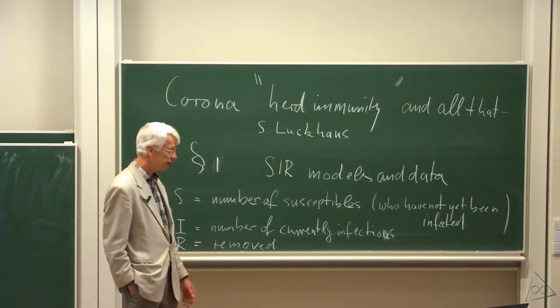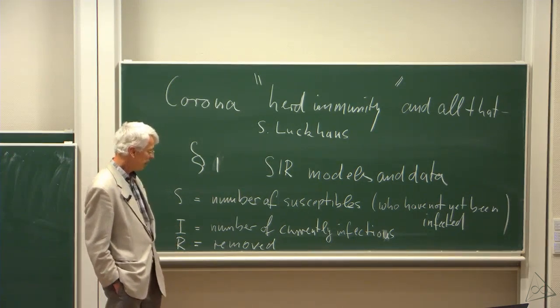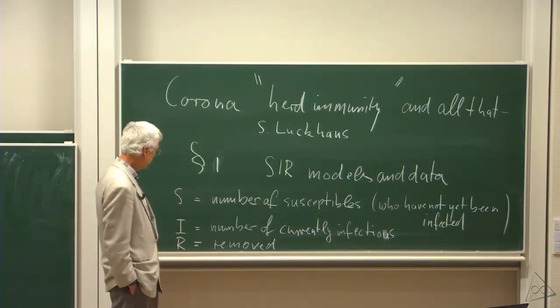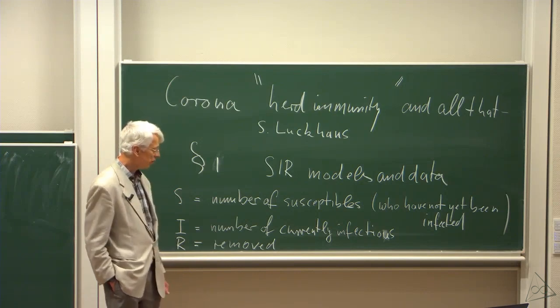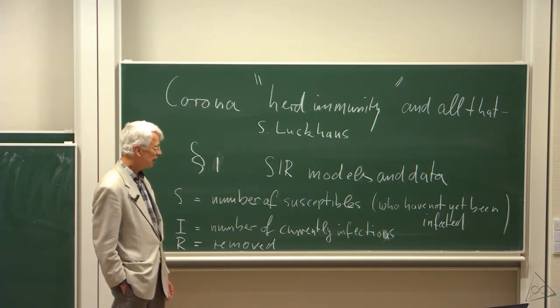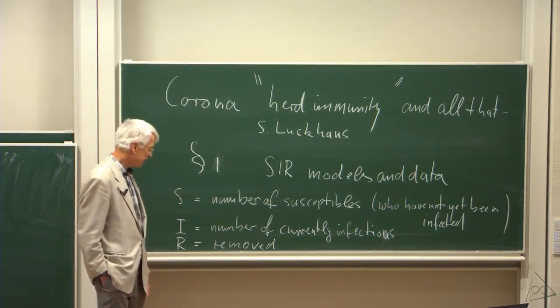So the first episode I called SIR models and data. The three letters SIR have the following meaning. This capital S is the number of so-called susceptibles. These are the individuals who have not yet been infected.